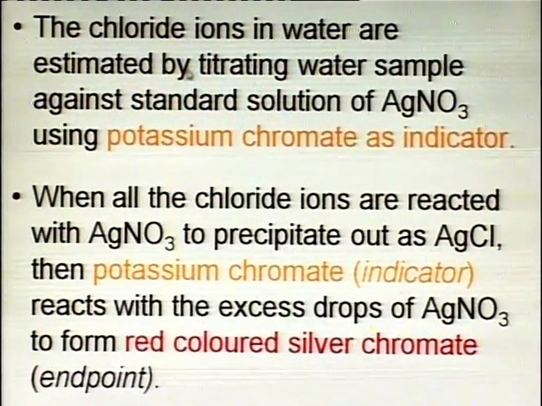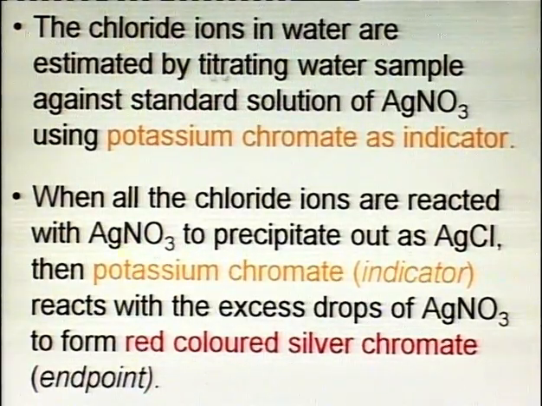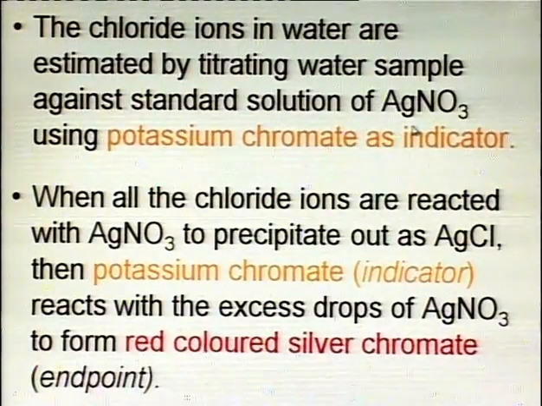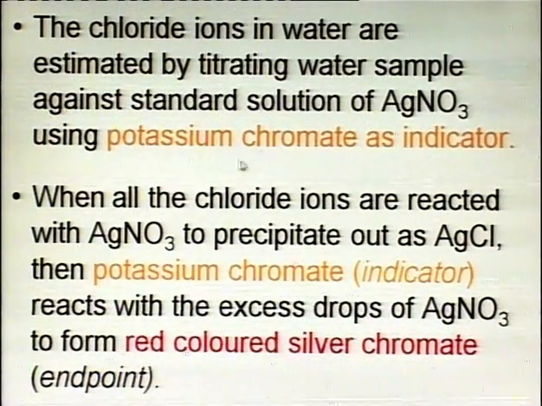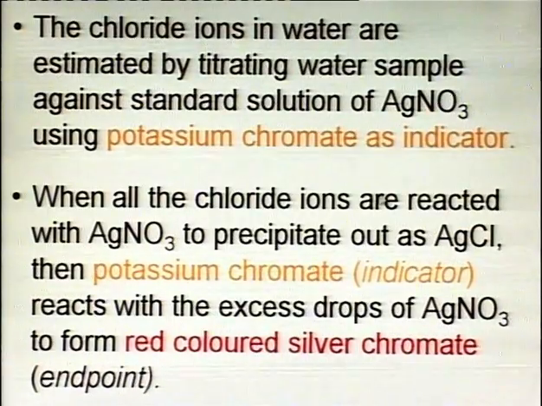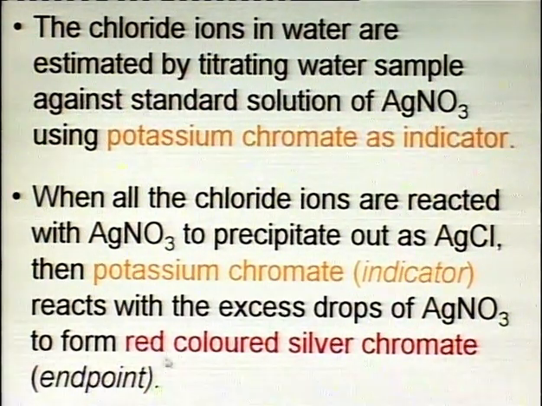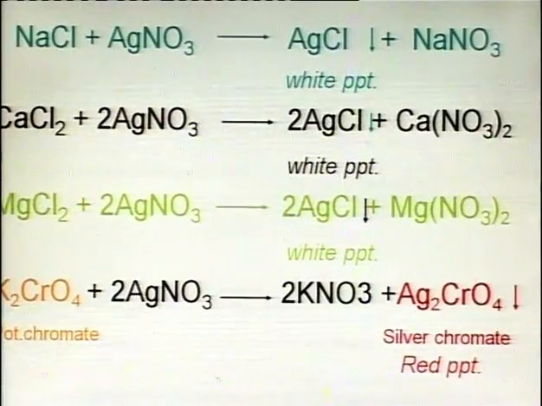These chloride ions are estimated by titrating sample water against standard solution of silver nitrate using potassium chromate as indicator. When all the chloride ions have reacted with silver nitrate to precipitate out as AgCl, potassium chromate reacts with the excess drop of silver nitrate to form red colored silver chromate, which is the end point.